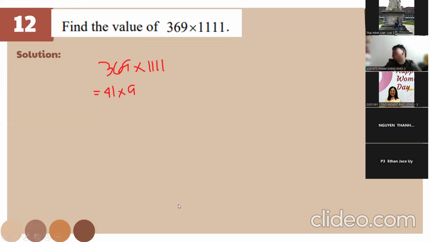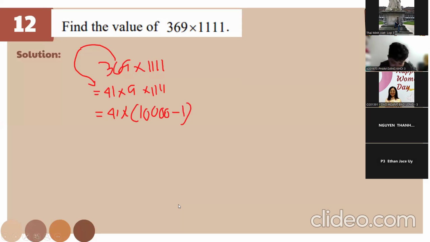This 369 factored out becomes like this, times 11, then 41 times 10,000 minus 1. Then we'll have here 410,000 minus 41. We'll be left with 409,959.